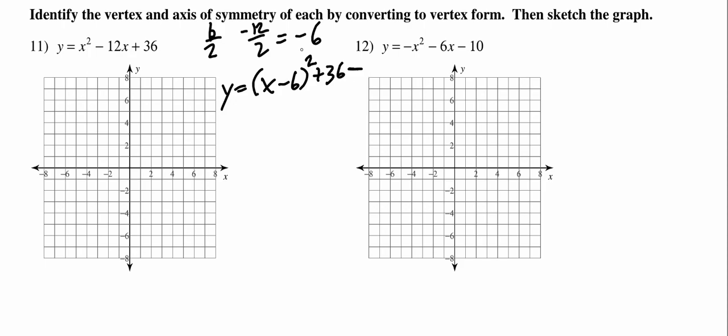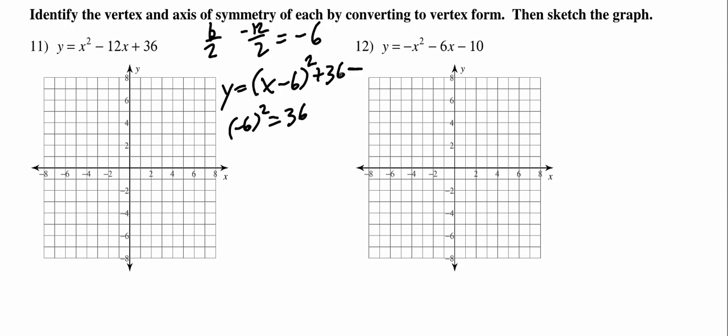Well, we have to do this number, negative 6 squared. So what we basically did was we did b divided by 2, and we got negative 6. Then negative 6 goes inside the parentheses with x. Now to find the term that goes to the right of 36, we have to do negative 6 squared. And we know negative 6 squared is equal to positive 36.